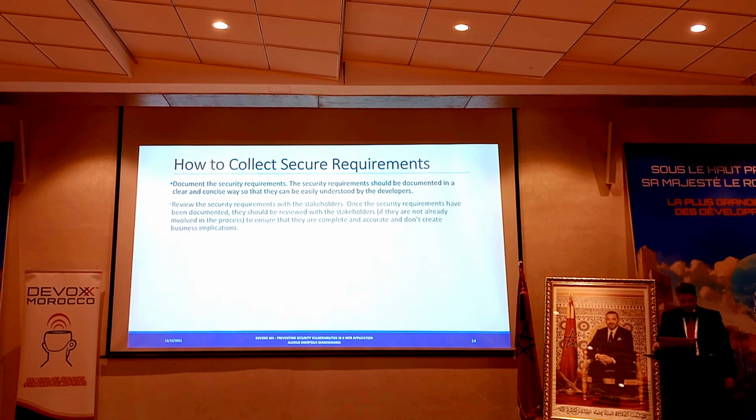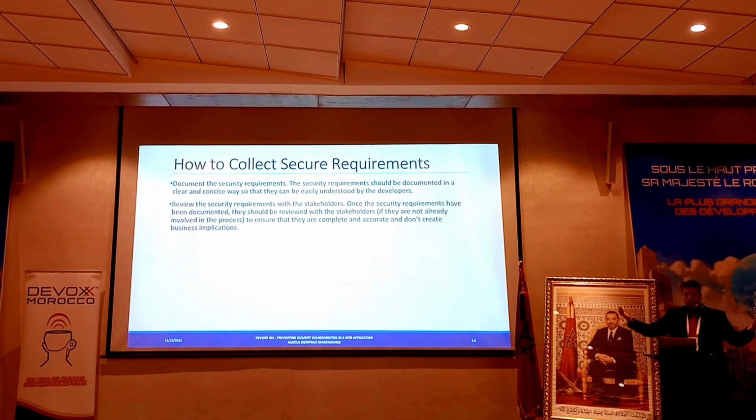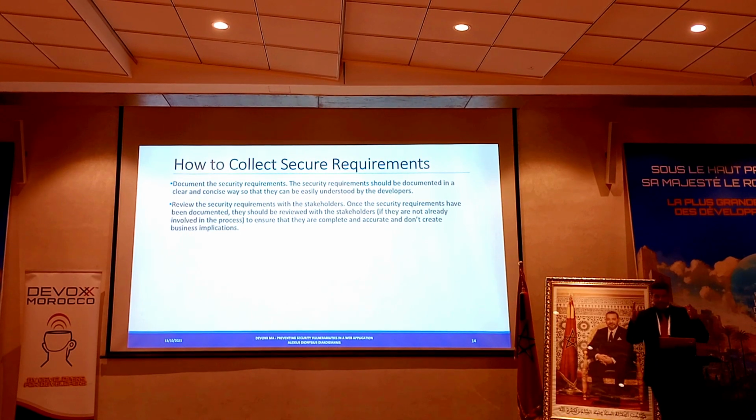So keep that in mind. Now, you need to review the security requirements with your stakeholders. In many cases, you have secure requirements, but the secure requirements actually destroy the experience of the application. So you need to review them with your stakeholders and take actions and decisions that neither violate security nor violate the intended usage of your application.